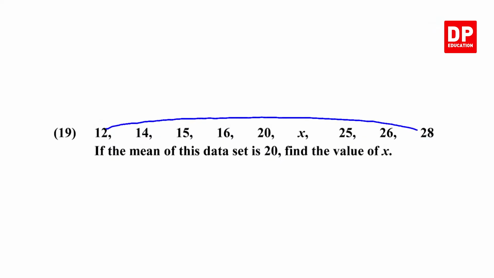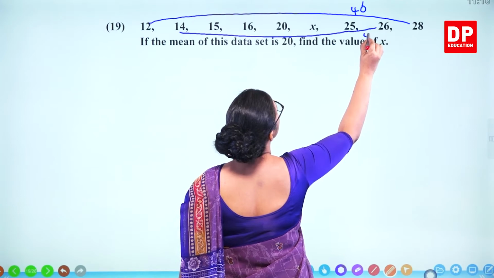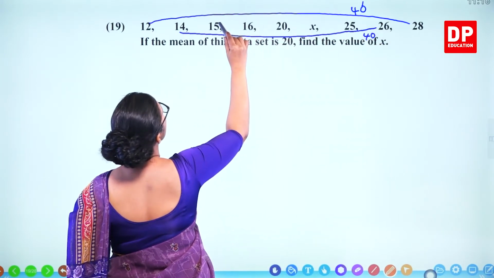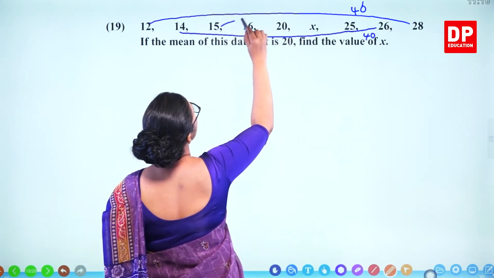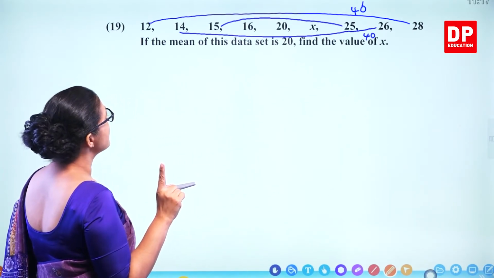These two are 40. And then 15 and 25, that's also 40. So 3 40s you are getting.